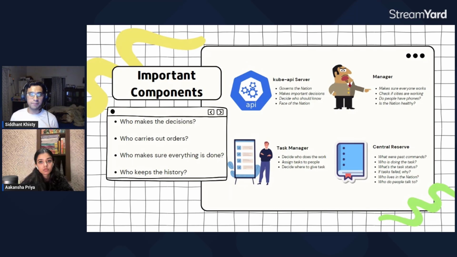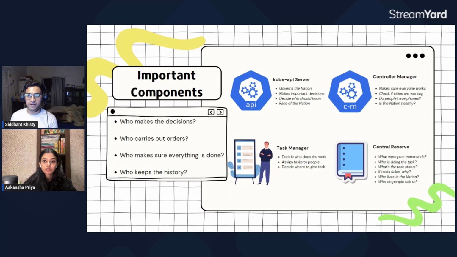Now, the Kube API server is pretty much the face of a Kubernetes cluster. The API server is your entry point to a Kubernetes cluster. All the requests that you make, all the actions that you make inside a cluster, will all go through the Kube API server.